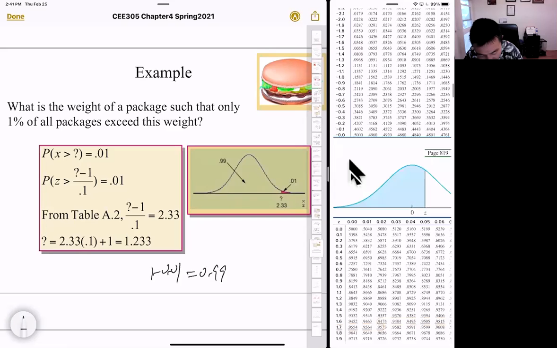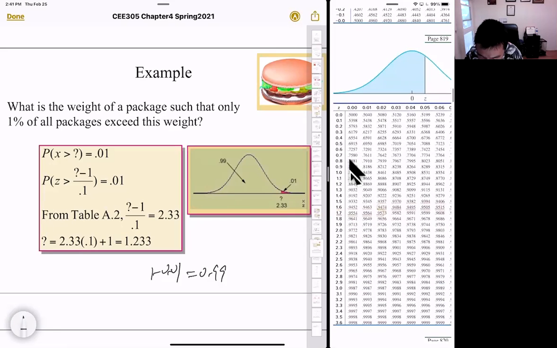So where is it? Here. So 0.9901. Okay, close enough. So you can just use the z-score corresponding to 0.9901, which is 2.33.